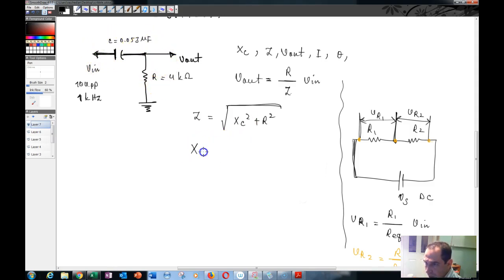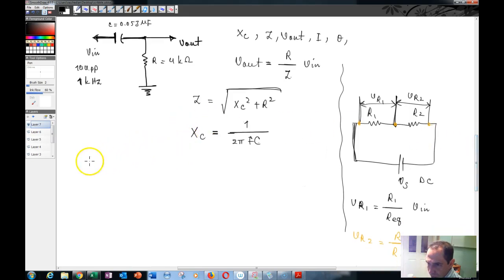So X of C is the same thing as 1 over 2 pi FC. This is the frequency and this is the capacitance of that capacitor.